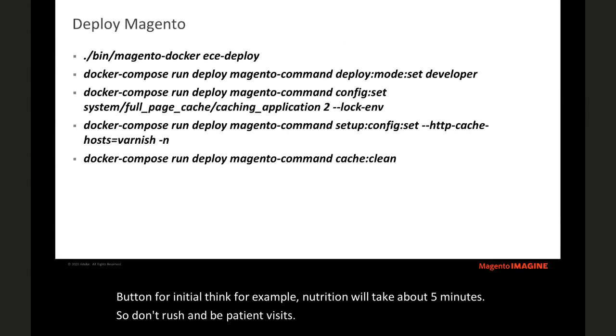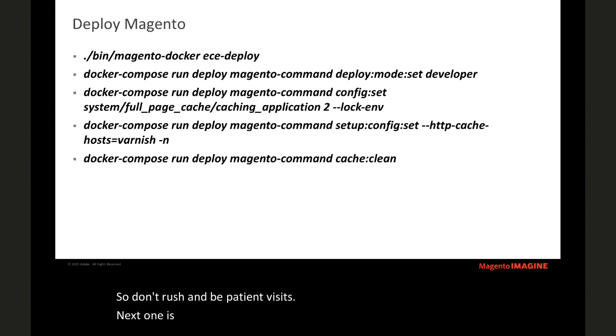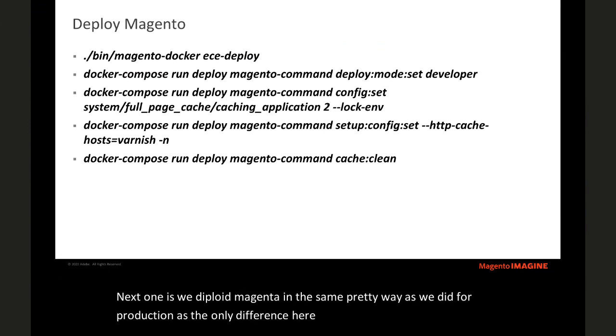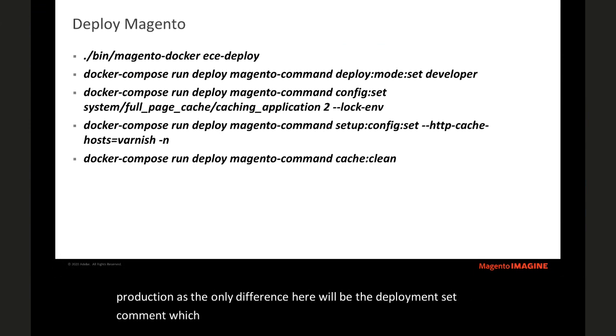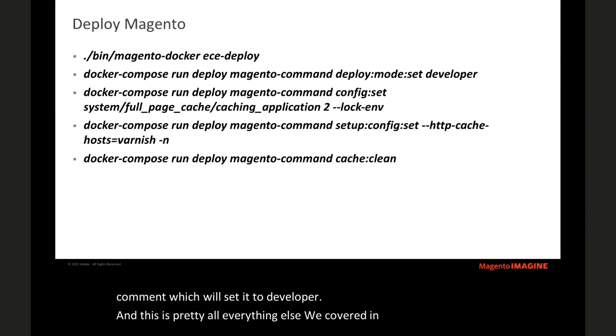Next, we are deploying Magento in the same way as we did for production. The only difference here will be the deploy mode set command, which will set it to developer. And that's pretty much all. Everything else we covered in previous sections.